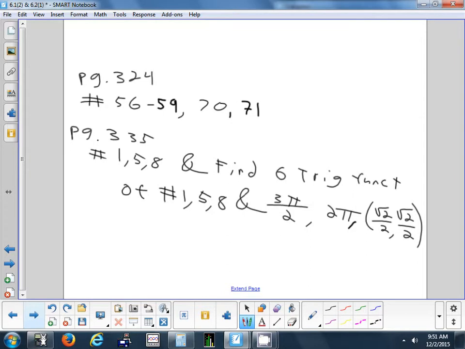So I want the sine, cosine, tangent, secant, cosecant, cotangent. And also find the 6 trig functions of 3 pi over 2, 2 pi, and this coordinate. So tomorrow I should see 6 answers for 1, 5, 8, this one, and this one.